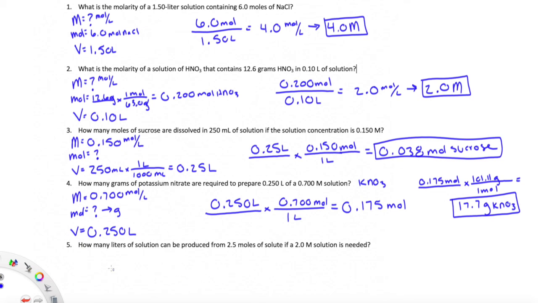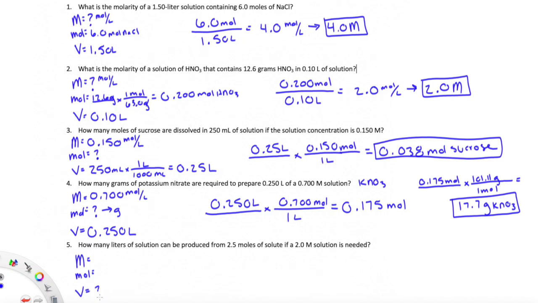All right, now let's do number 5. This is our last one. Again, molarity, moles, and volume. And this problem says how many liters of solution can be produced from 2.5 moles of solute if a 2.0 molar solution is needed. So I'm just trying to figure out what the final volume of my solution is going to be.